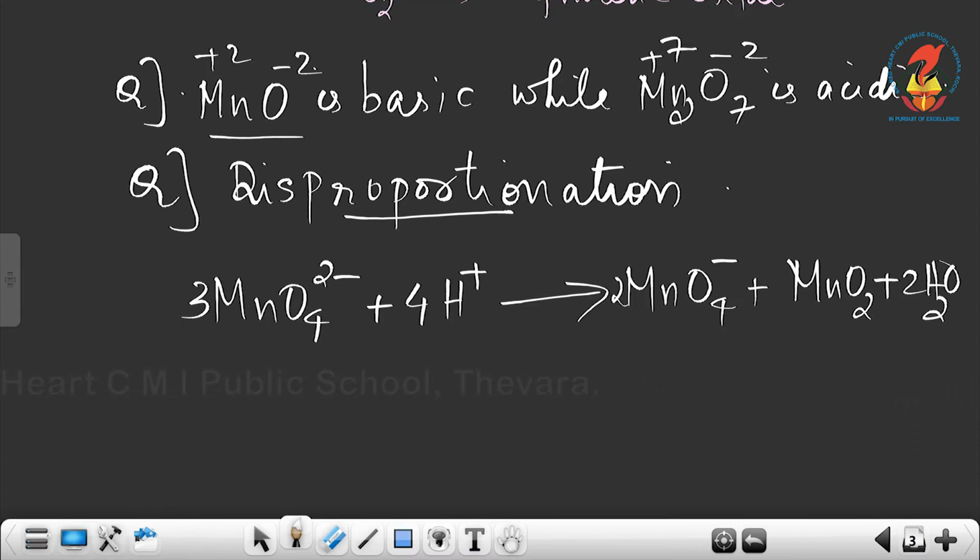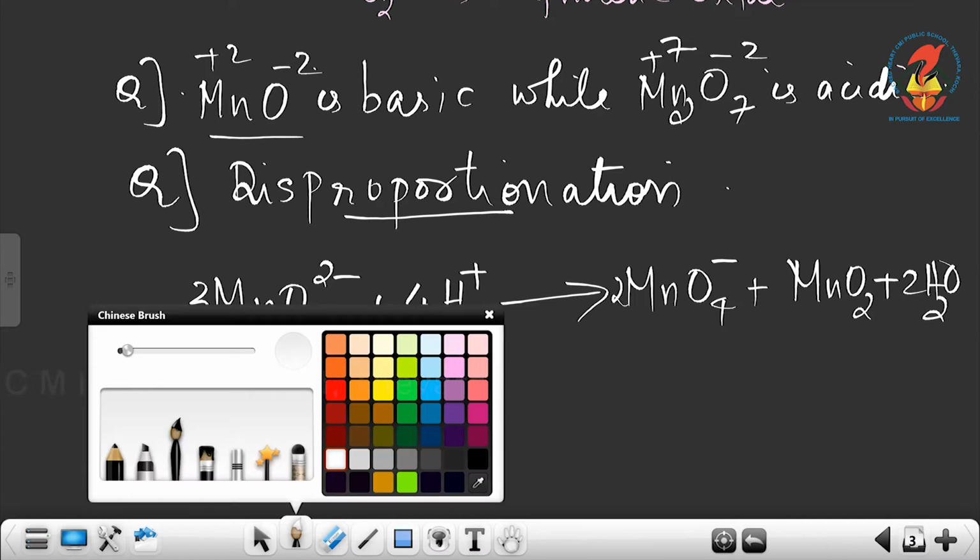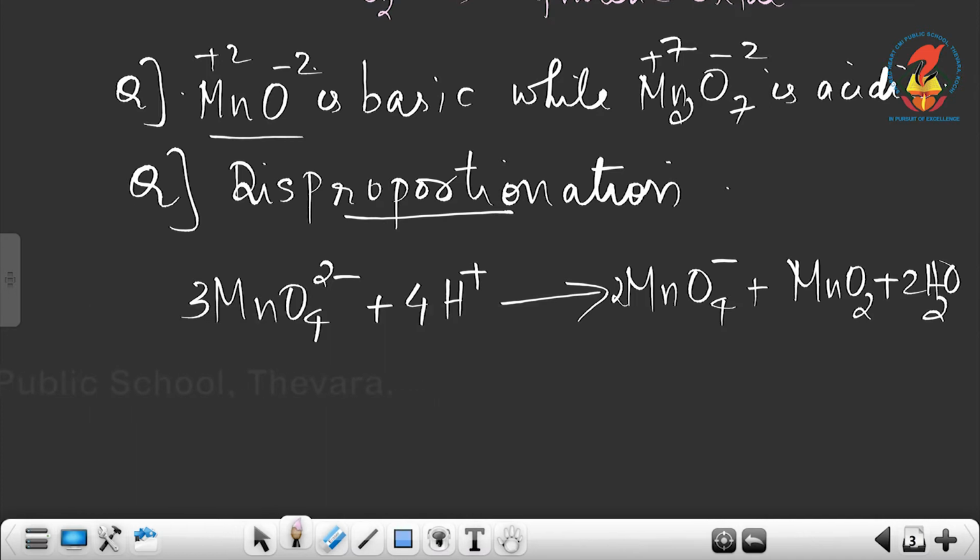Now MnO4 2-, the name of this ion is, this is MnO4 2-, and this is MnO4-. Okay, and the name of this MnO4 2- is manganate ion.